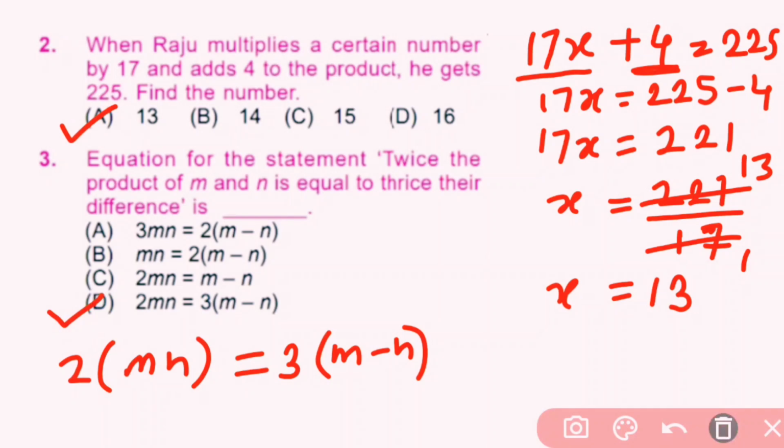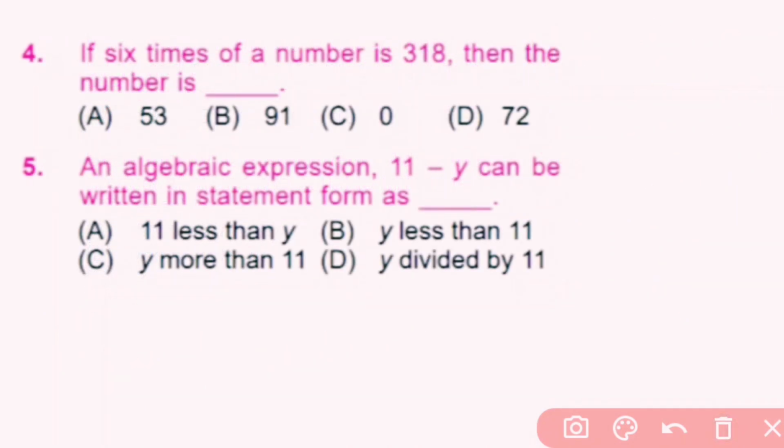D is the correct answer. Question number 4. If 6 times a number is 318, then the number is dash. We take x as the number. 6 times a number means 6 into x is 318, means is equal to 318.